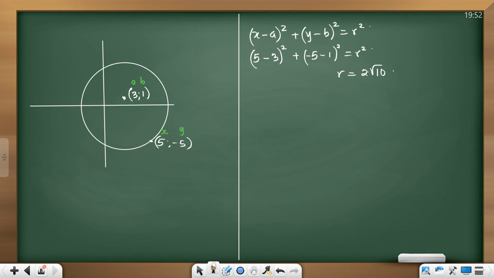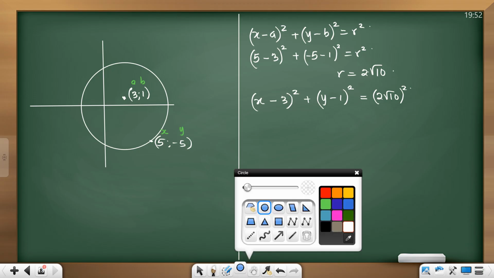Now, what do I write my equation back as? x minus 3 squared plus y minus 1 squared equals to what? Remember, an examiner may tell you to write it in the form x squared plus bx plus y squared plus dy and so on.